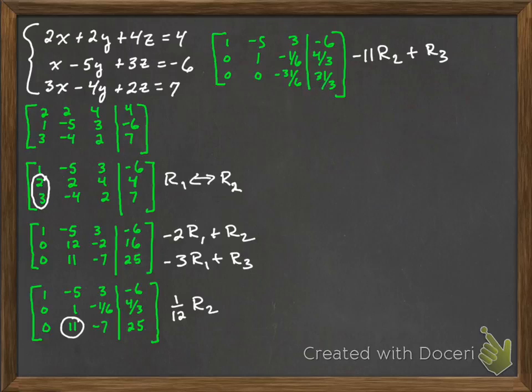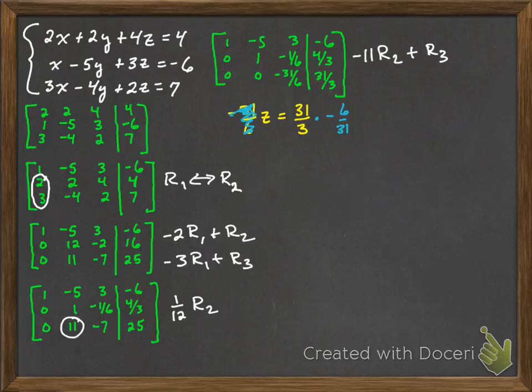Okay. We can now write 3 equations out of this. The bottom equation is going to be negative 31 over 6 z equals 31 over 3. You would get rid of this fraction right here by multiplying both sides by the reciprocal. So we're going to multiply by negative 6 over 31.